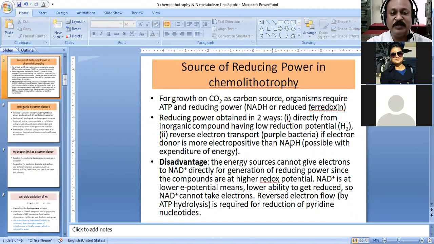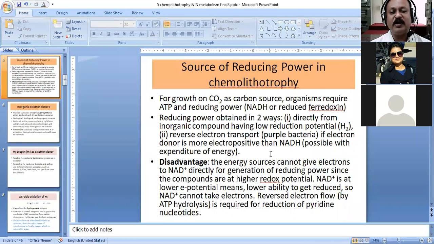So by the process of reverse electron transport, if the electron donor is more electropositive than NADH, you can just remember that graph which I had told you. As we go up the graph, the standard potential goes on increasing towards the positive side, and those compounds at the higher potential level cannot give the electron. They can take the electron, but they cannot give it.